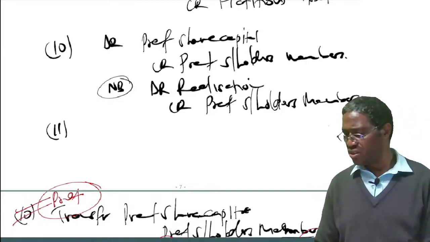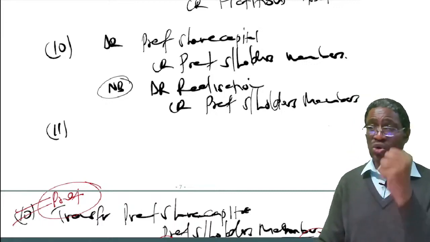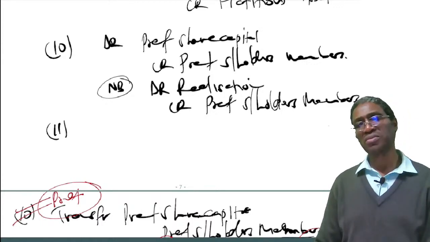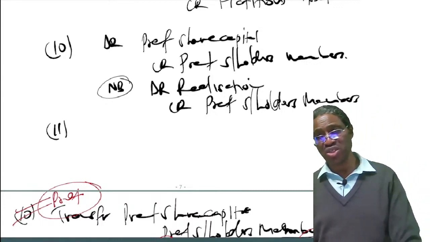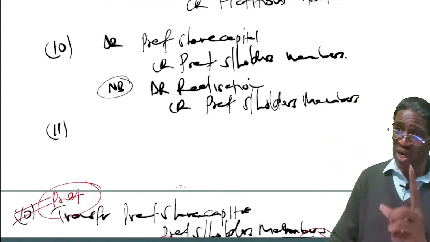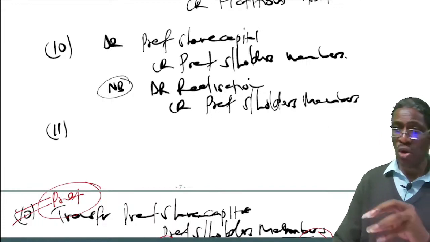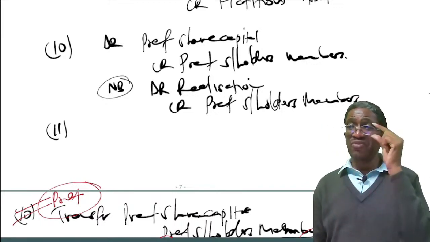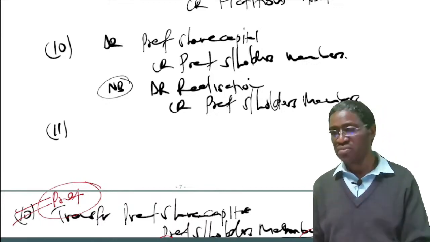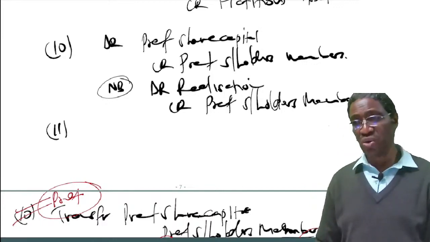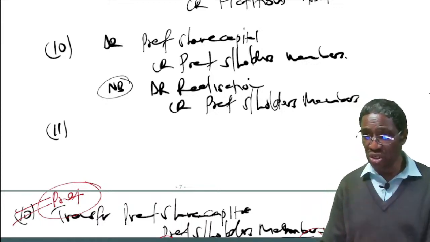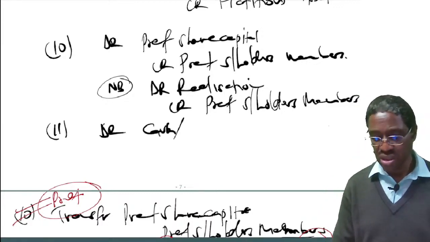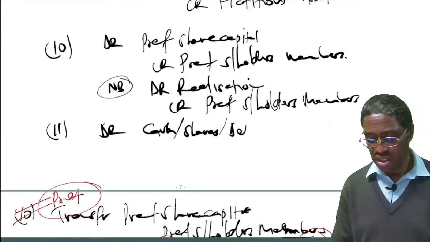Number 11, you say this: with the receipt of the purchase consideration, either in form of cash, shares, or debentures, debit cash, stroke shares, stroke debentures.